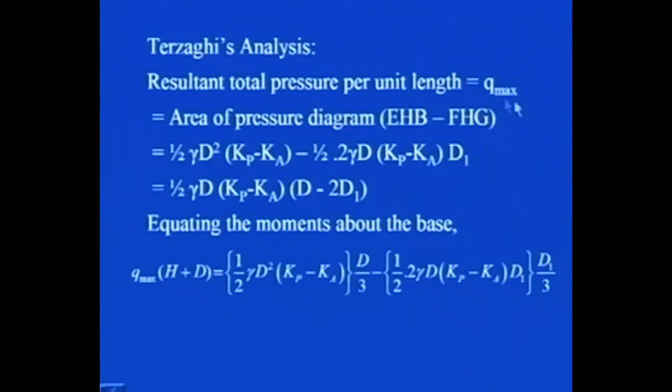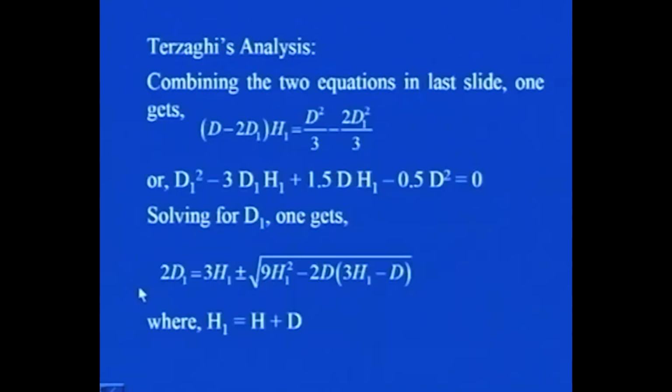Now, the expression for Q max you have already obtained as half gamma d Kp minus Ka, d minus 2 d1. If you substitute it here and simplify, you will get a simpler expression, which is d minus 2 d1 into h1 is equal to d square by 3 minus 2 d1 square over 3.